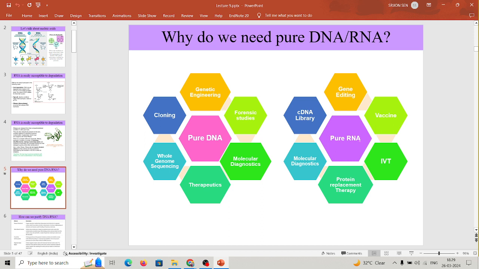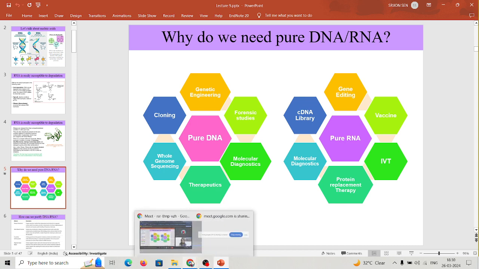Okay, and pure RNA can be used for gene editing, vaccine preparation, therapeutics, and IVT, that is in vitro transcription. There is protein replacement therapy, molecular diagnostics, cDNA library, and so on. I would recommend you to read about all of these different topics.